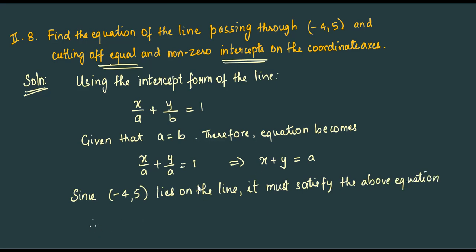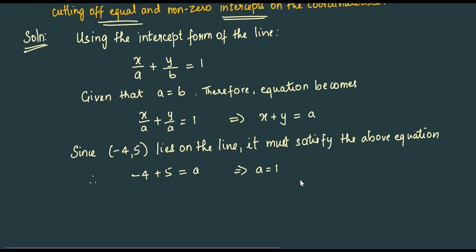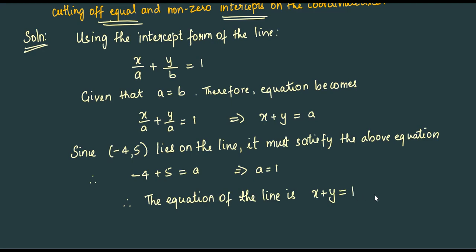Therefore, you substitute in place of x minus 4, in place of y 5, is equal to a. Which gives a equal to 1. Therefore, the equation of the line is x plus y equal to 1. This is the equation of the line.